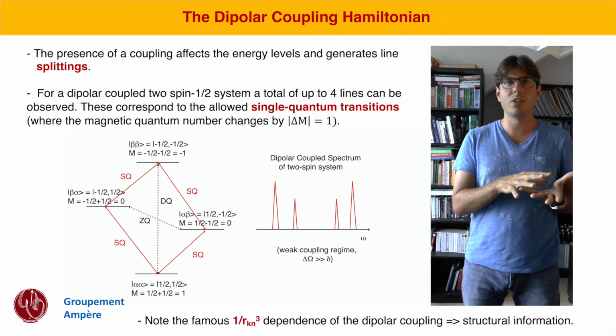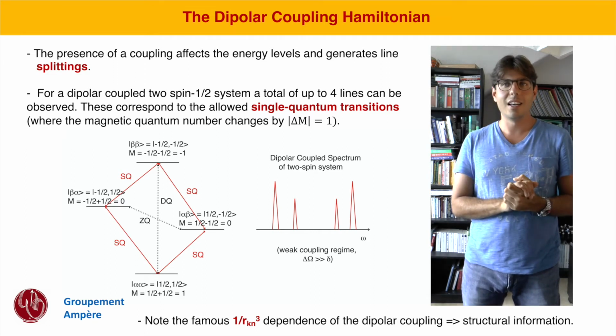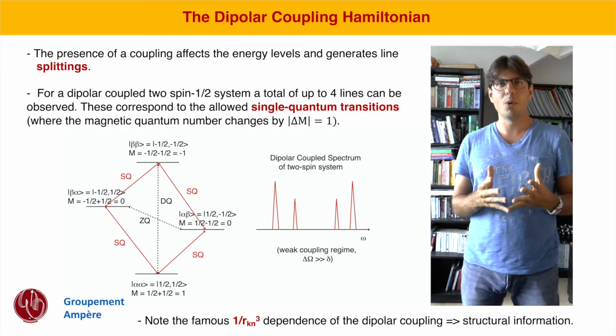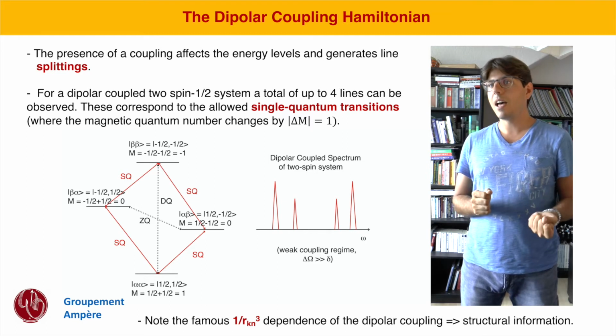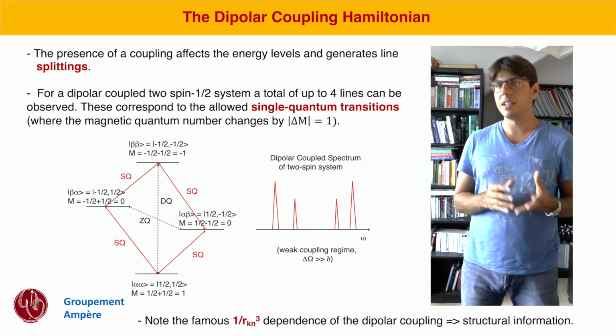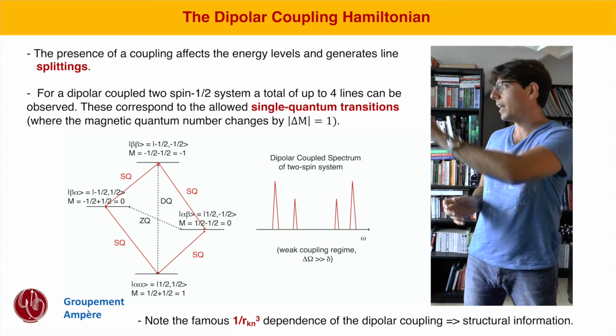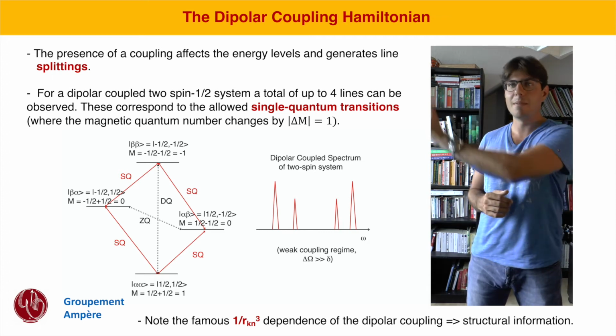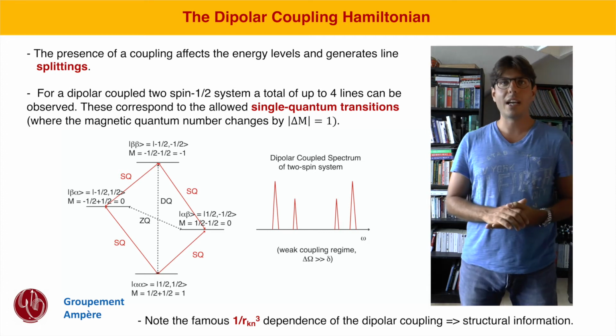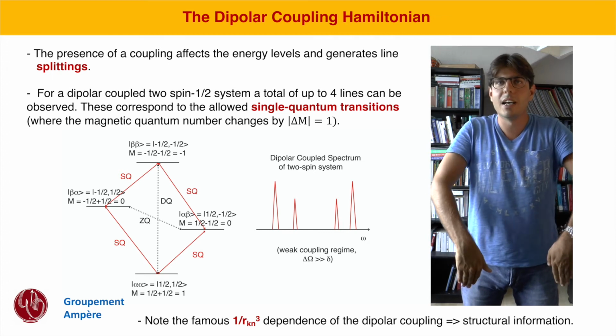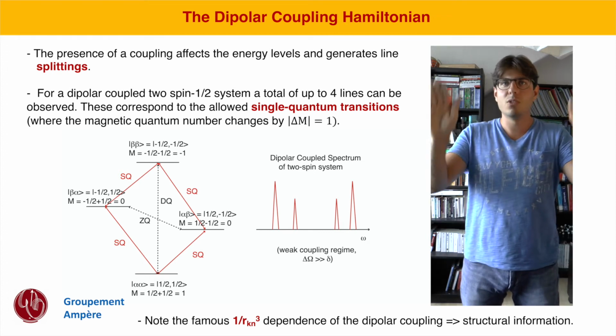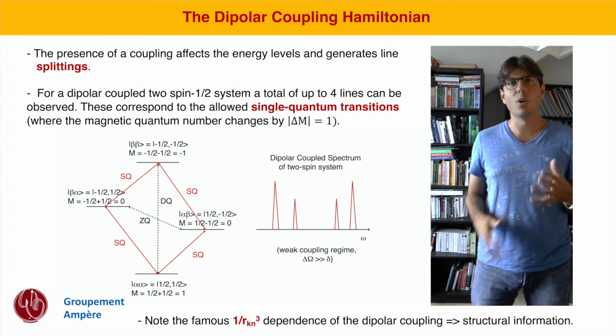This changes your total magnetic quantum number m by 1. But you can also have double quantum transitions, for example from an alpha-alpha to a beta-beta state. There you change both spin ups to spin downs.